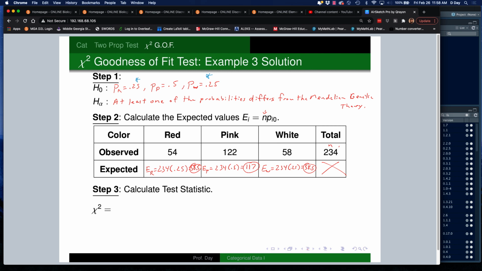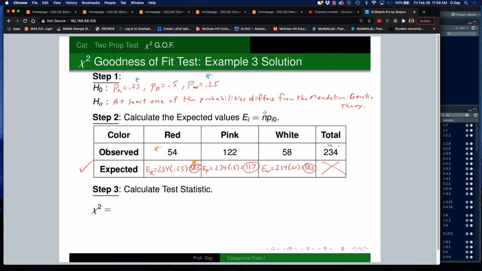All right, but we need to calculate the test statistic now that we know that our expected values are all good. So I'm going to put a check mark next to that. To find the test statistic, remember, for each group this is the observed value minus the expected value, squared, divided by the expected value.